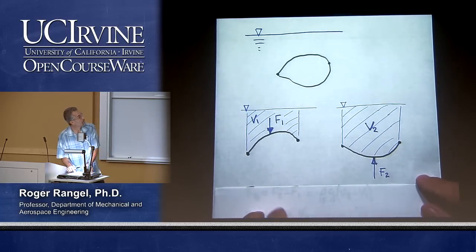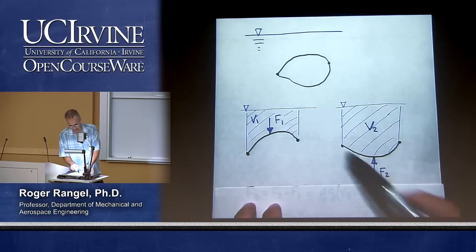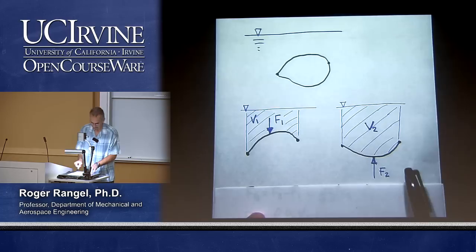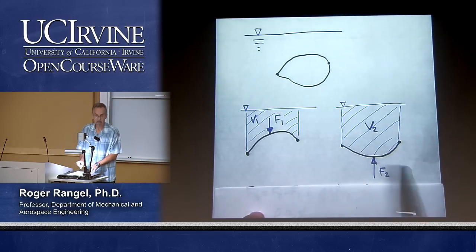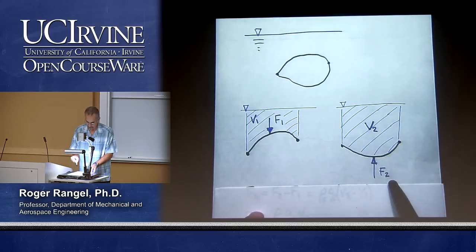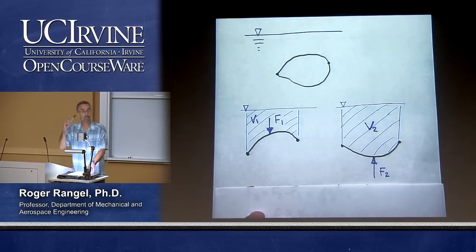And then I do the same thing for the bottom half of the object. I know that the force that this liquid is exerting on this surface, drawn here, is F2, a vertical force, because the liquid, of course, is on the bottom. But from what we learned, that force F2 is equal to the weight of the fluid above the surface.